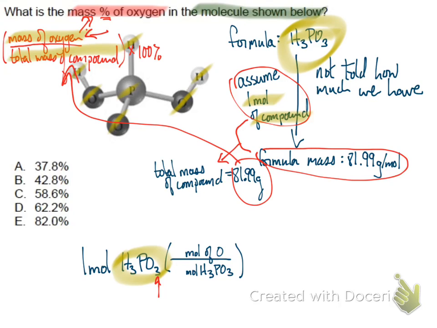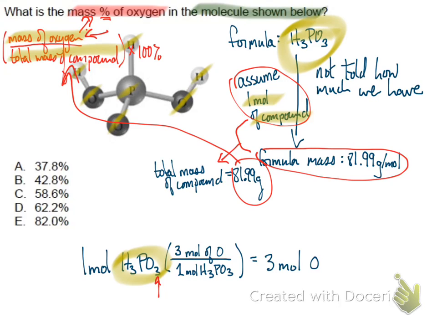And so we can say 1 mole of H3PO3, put that on the bottom, gives us 3 moles of oxygen. Another way to do this, if we read the top and then the bottom, is to say 3 moles of oxygen are present in every mole of H3PO3. Alright, so all we have to do is solve this. We end up with 3 moles of oxygen.